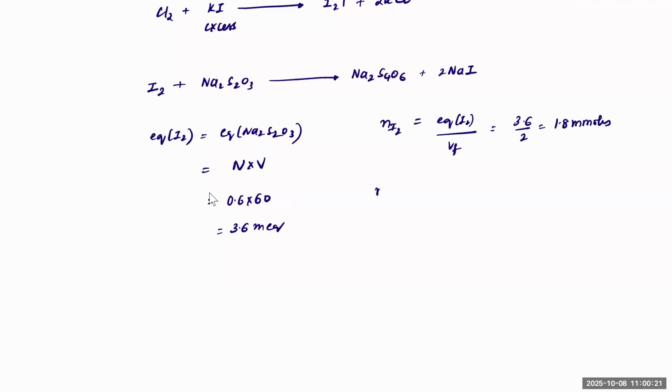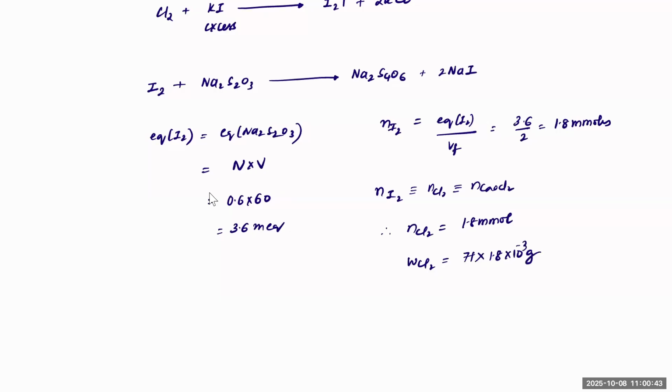So number of moles of I2 will be same as number of moles of Cl2, will be same as number of moles of bleach. Correct? Therefore, we know that number of moles of chlorine available is 1.8 millimoles. So what is the weight of chlorine? That is 71 into 1.8 into 10 raised to power of minus 3 grams.